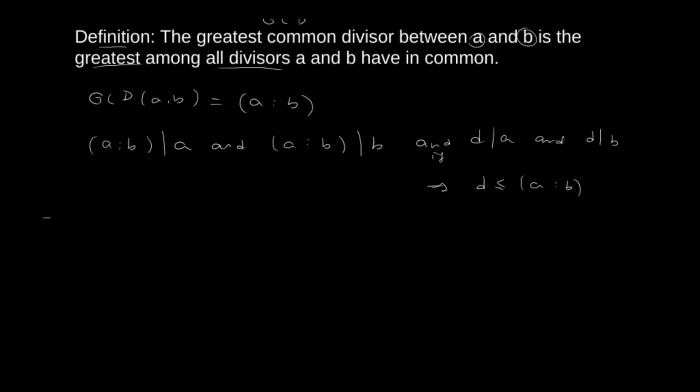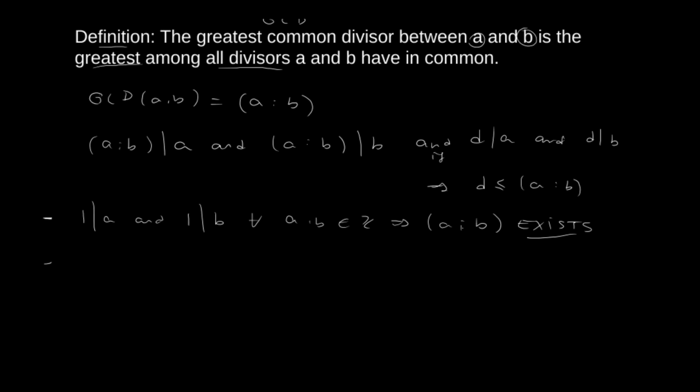So when we think about a few examples, the first one that comes to our minds is 1. 1 will divide a, and 1 divides b for every a and b integers. So this tells us that the GCD exists. It could be 1, or it could be any number d greater than 1, but it could be 1, so we know that it exists.